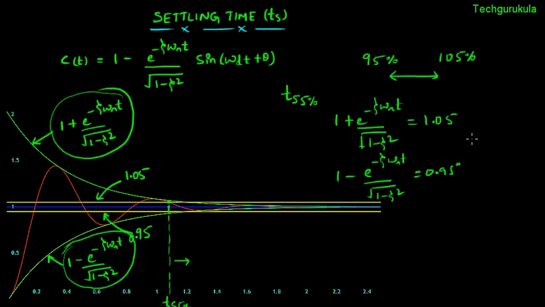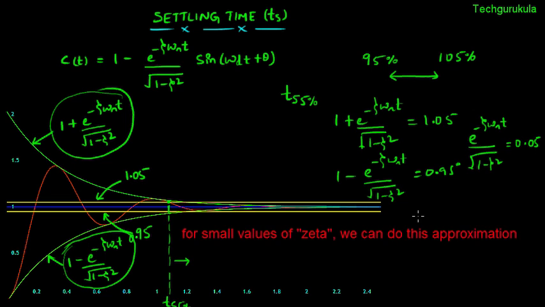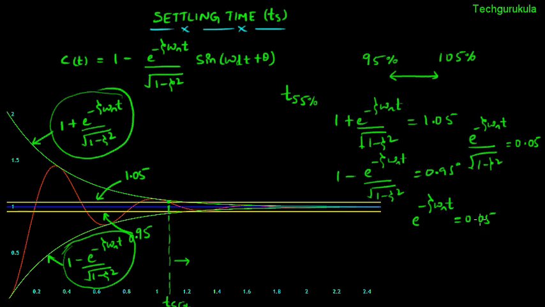In both the cases, we will get e power minus zeta omega n t over square root of 1 minus zeta square to be 0.05. All we need to do is find the value of t for which we will get this to be approximately 0.05. Now I'm going to do some approximation here. I'll say e power minus zeta omega n t should be equal to 0.05.